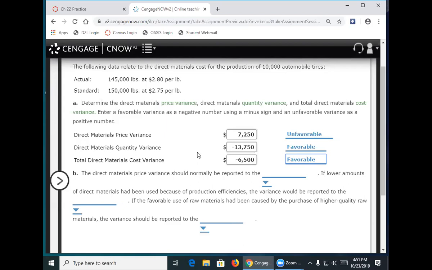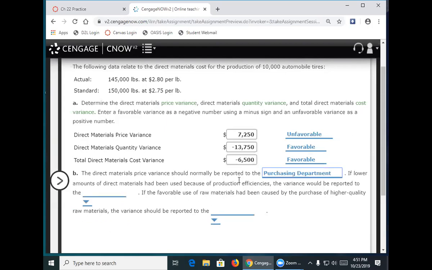The whole purpose of this, again, is to identify problem areas and report that to the proper people. On B, it says the direct materials price variance needs to be reported to purchasing. Purchasing might have a reason. Maybe they purchased higher quality materials, or maybe the supply is down, so the demand is up and cost goes up.